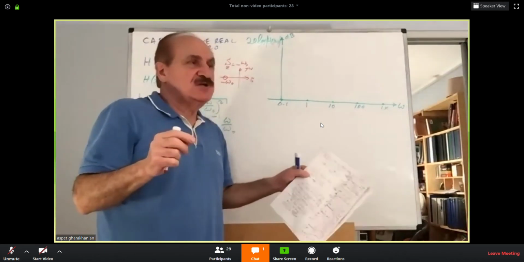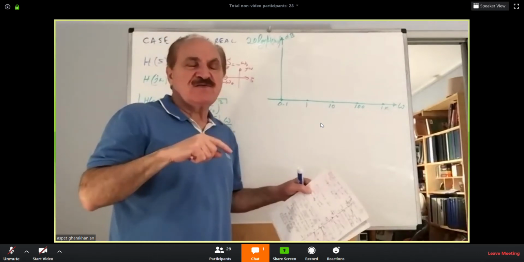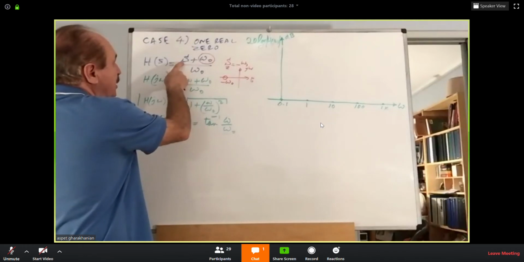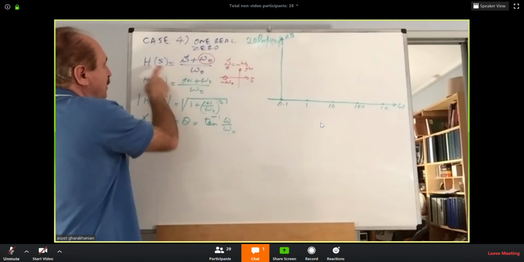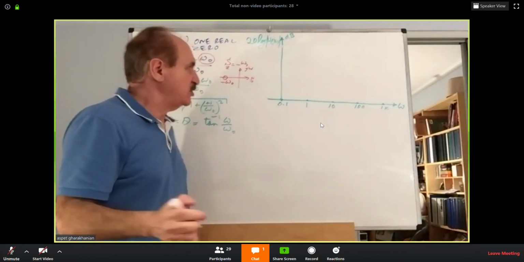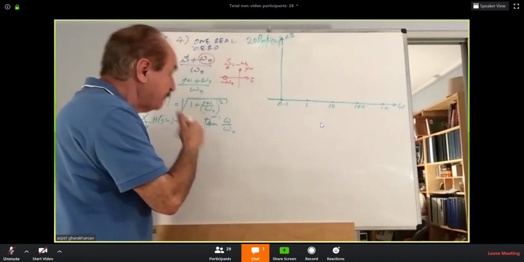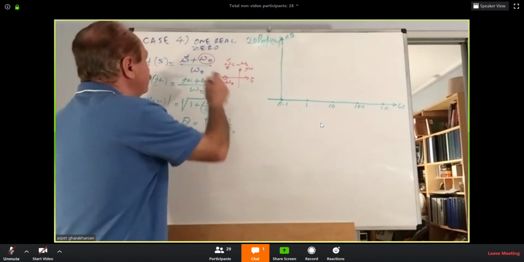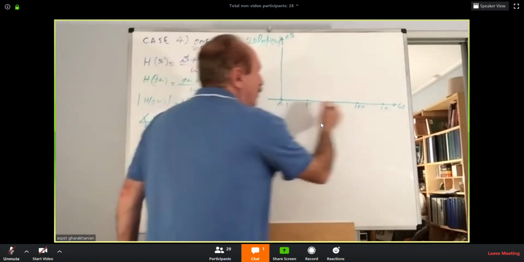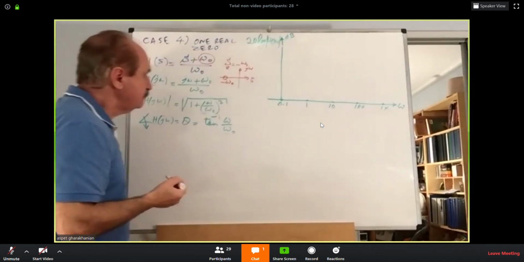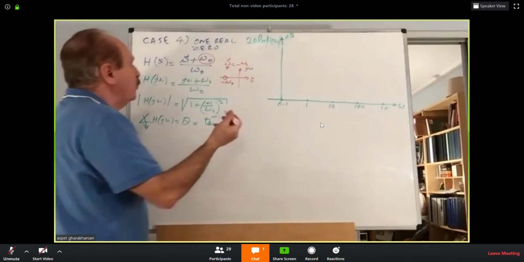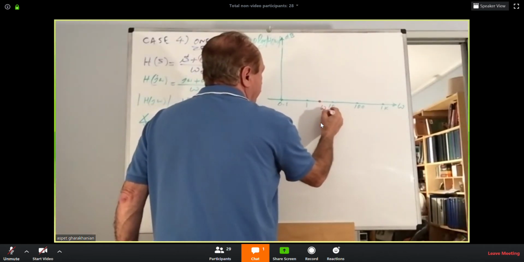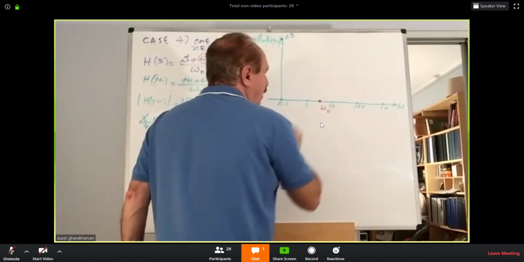Zero of a function is a value of S that will make the function equal to zero. Of course, if you substitute S equal to minus omega O, that vanishes. That's the definition. So, once you got the omega O, you will find the value on the frequency axis. Let's say omega O is here. So, mark that spot.